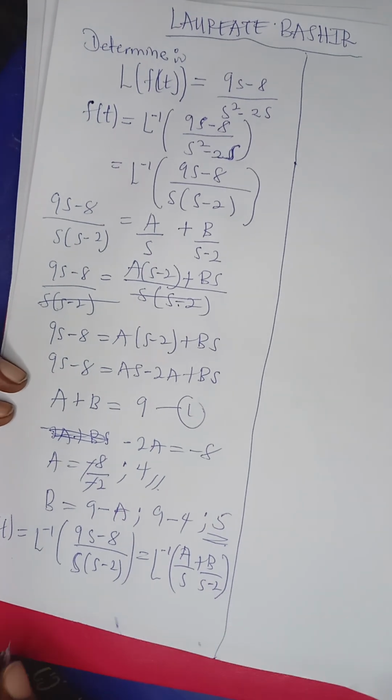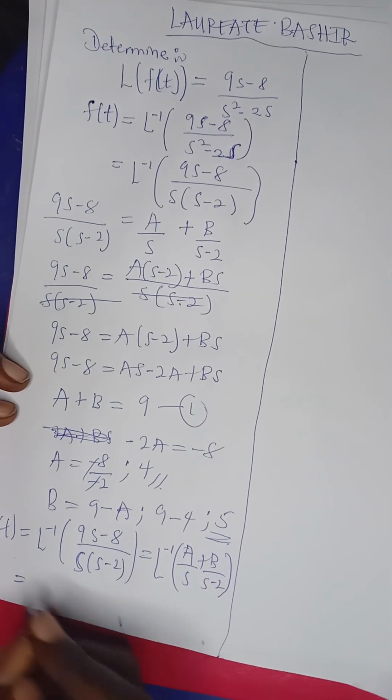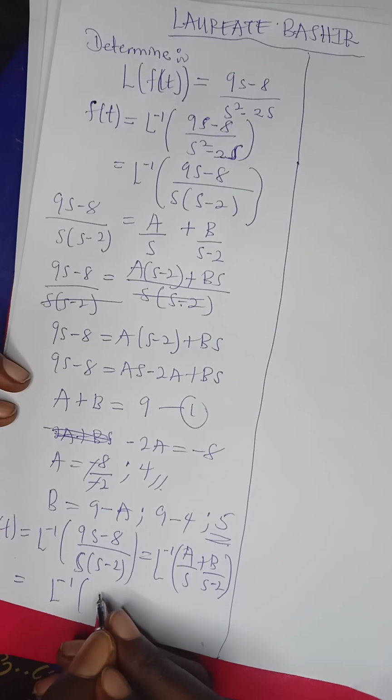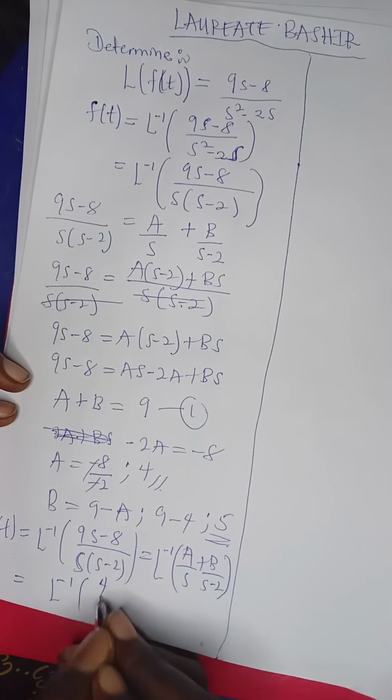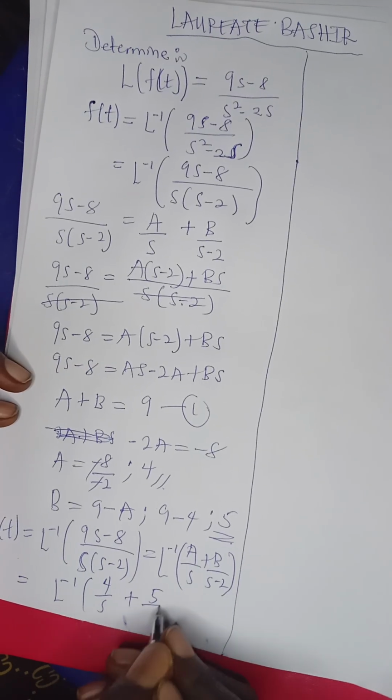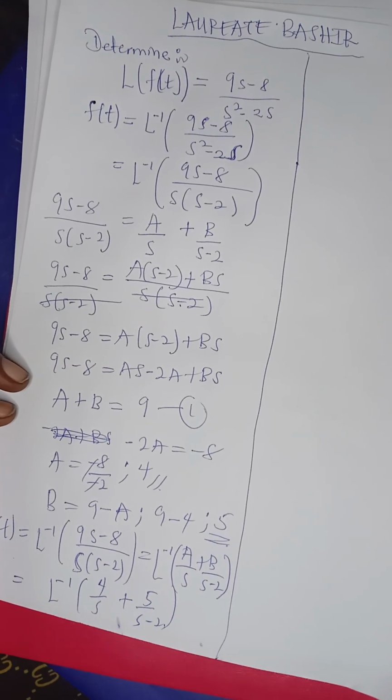So which is equal to Laplace inverse of, what do you get for A? 4 over s plus, what's our B? 5 over s minus 2.